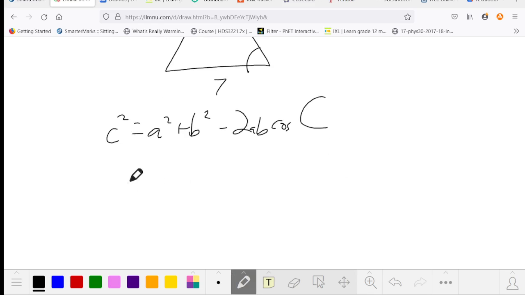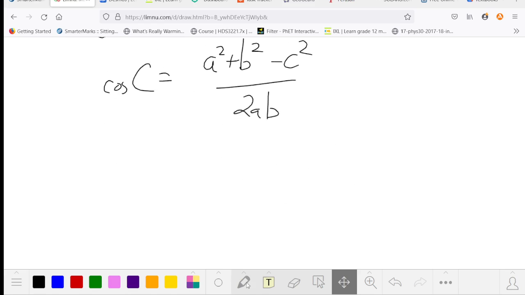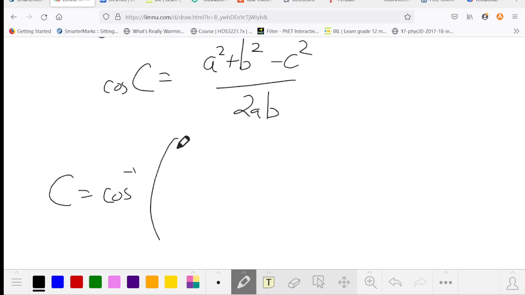We can do our manipulations to get that the cosine of c is a squared plus b squared minus c squared all over 2ab. So then, actually we'll go, angle c itself is the inverse cos.